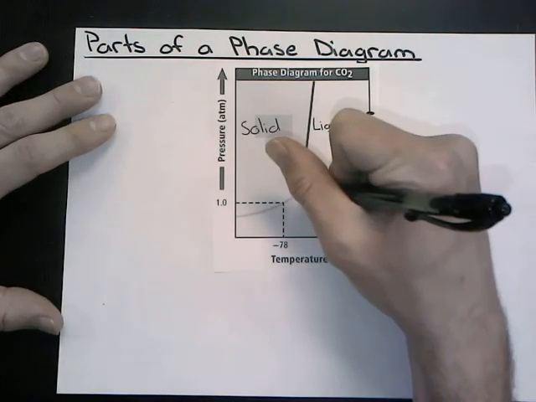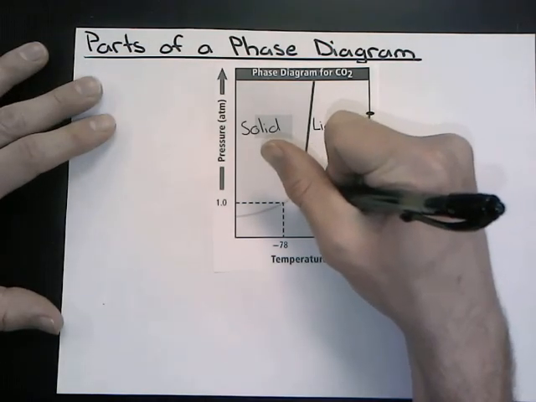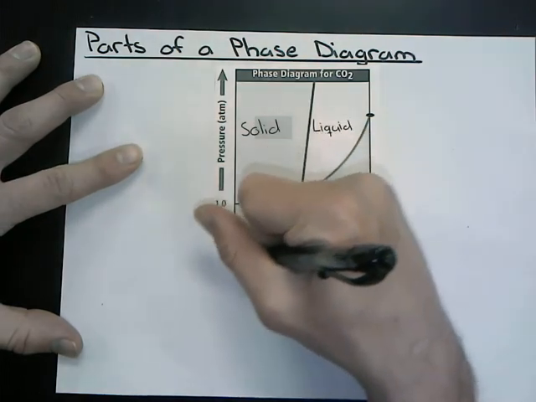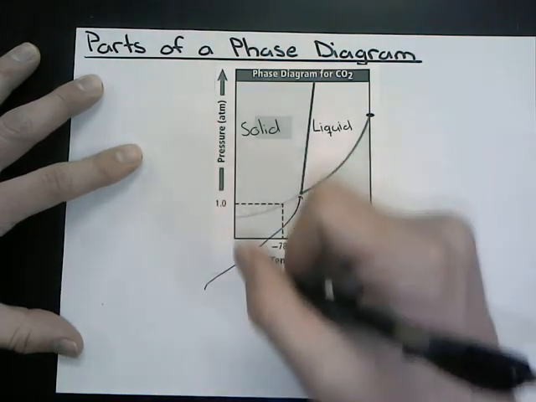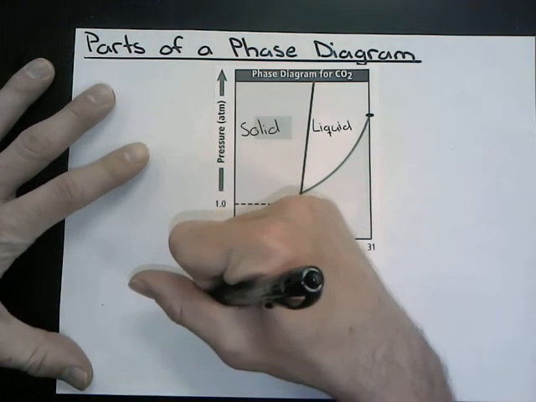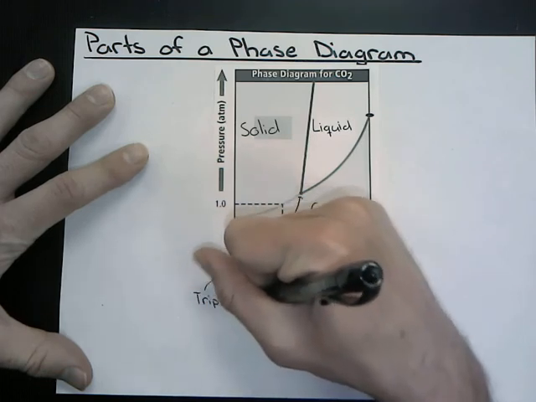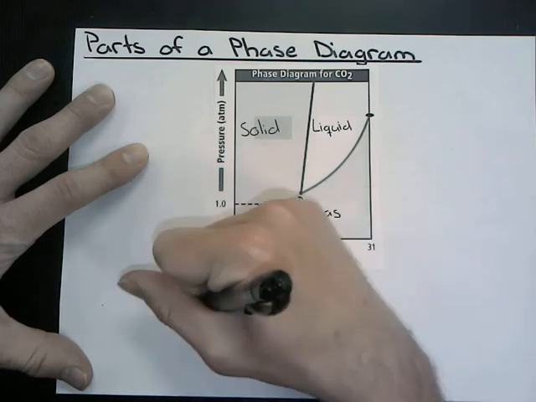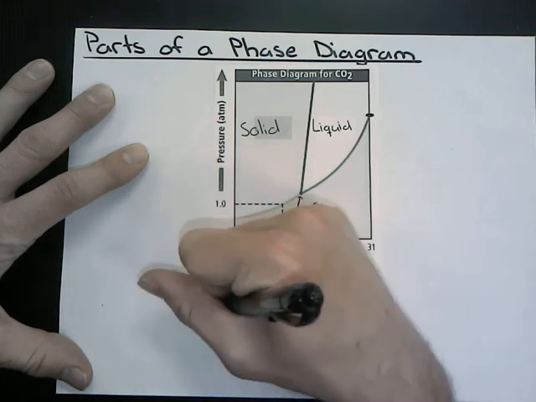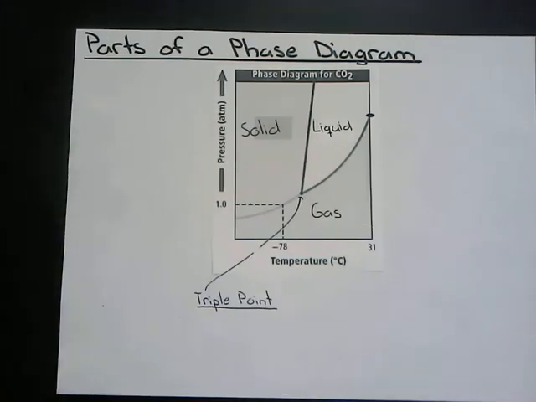And this first point right here in the middle is known as the triple point. Now, the triple point is defined as a point on a phase diagram that represents the temperature and pressure where all 3 phases of a substance coexist.